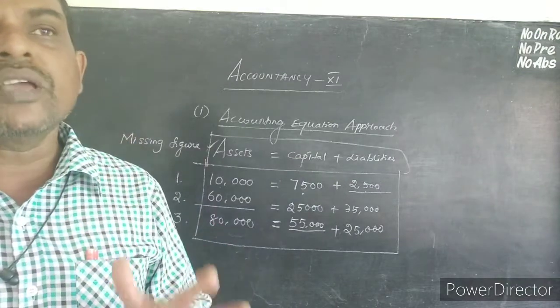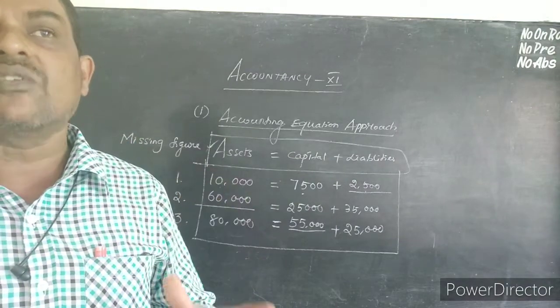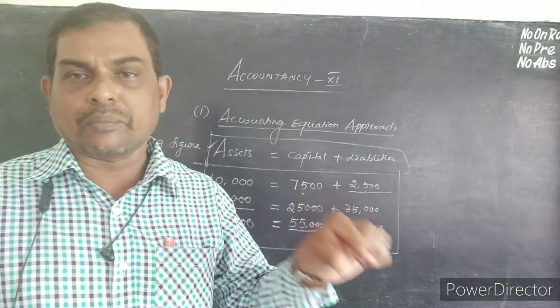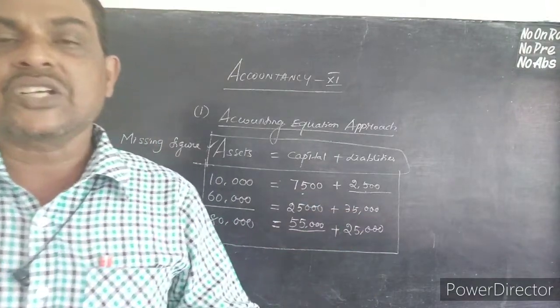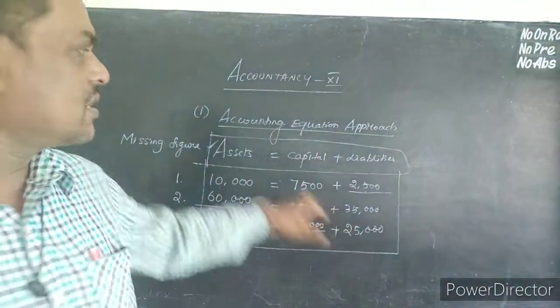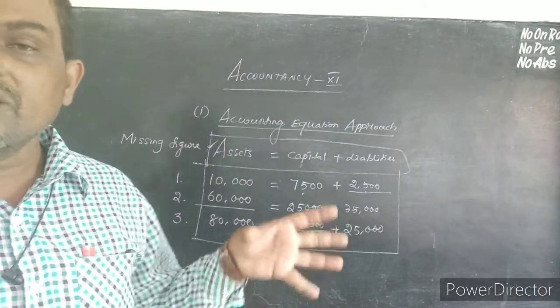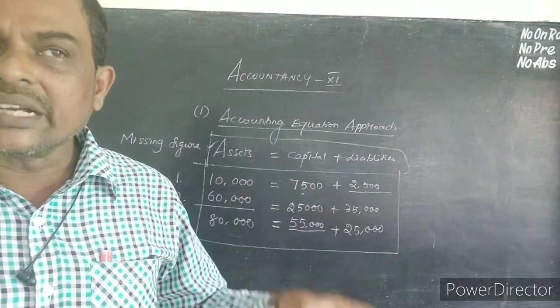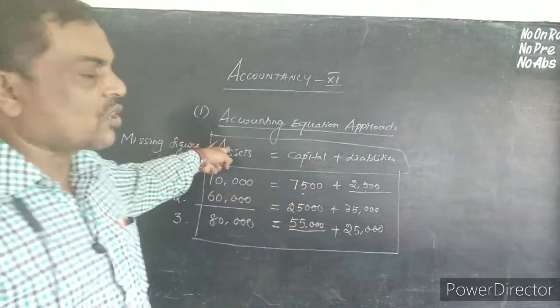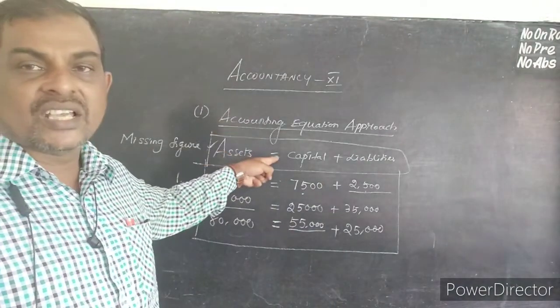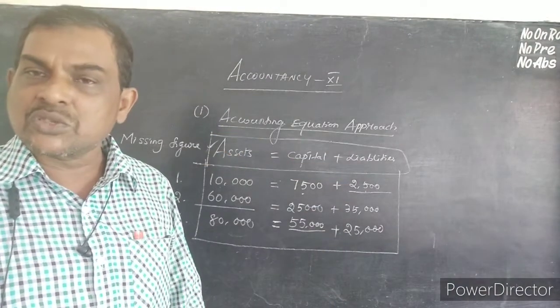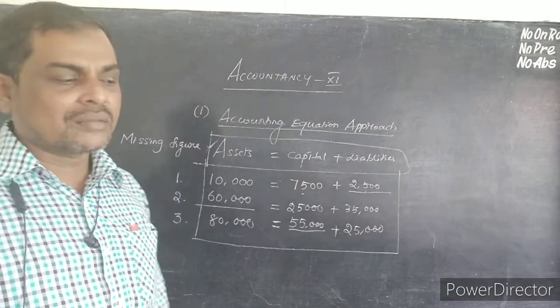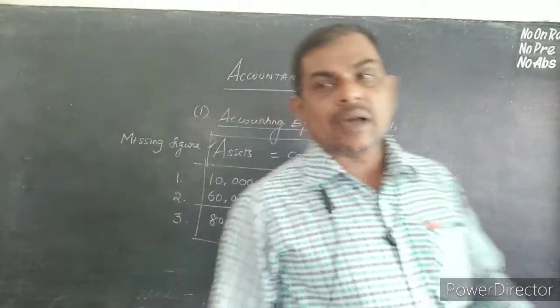We have to find out what are the assets and what are the liabilities in each transaction, and based on that we fix this equation. Based on the transactions we have to prove assets is equal to capital plus liabilities. Understood or not? Okay, shall we do the sum? Yes, take an example.